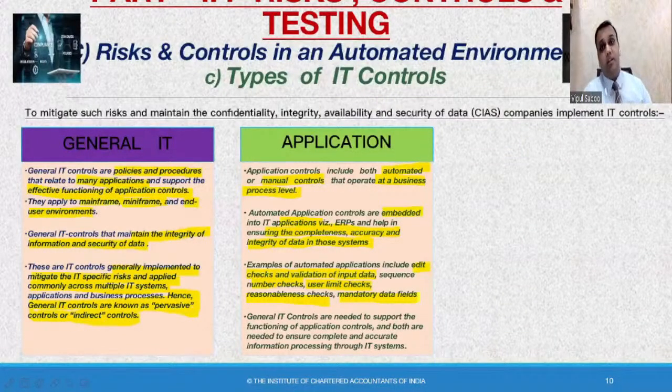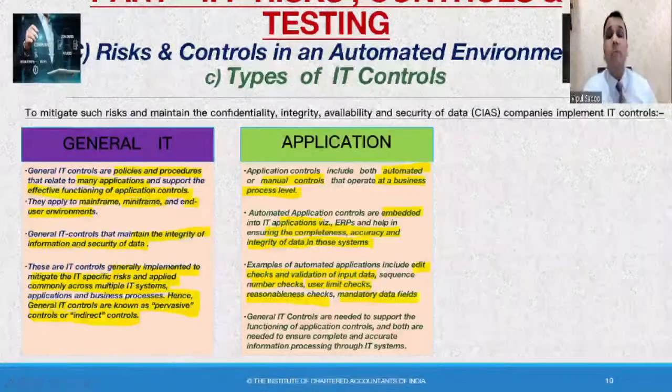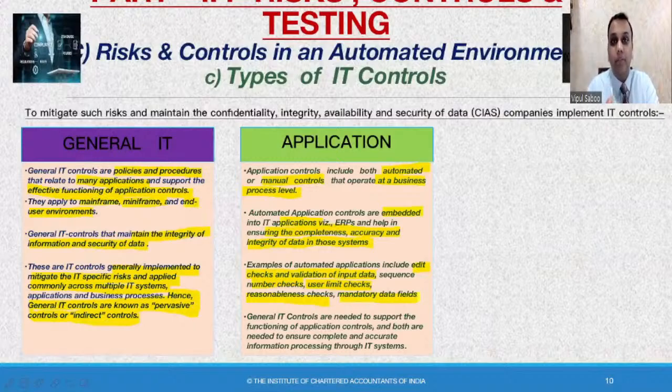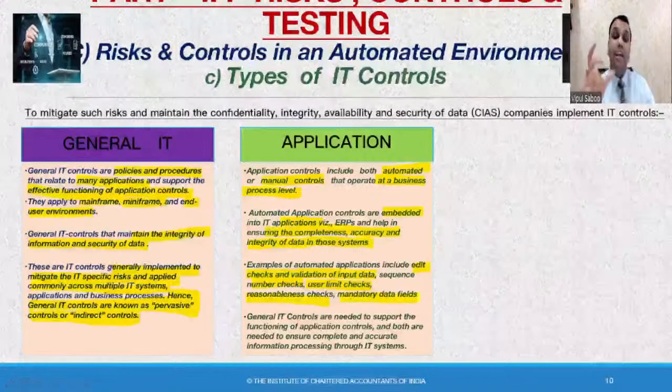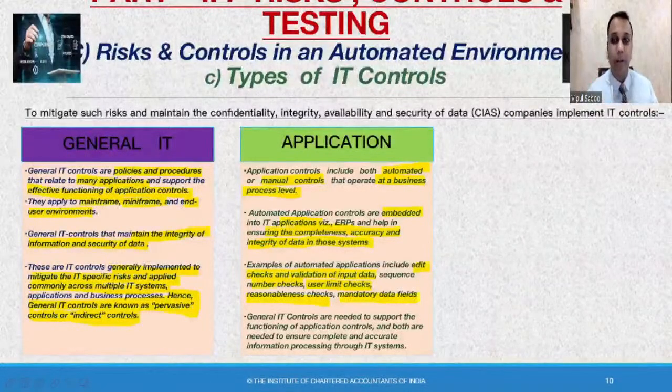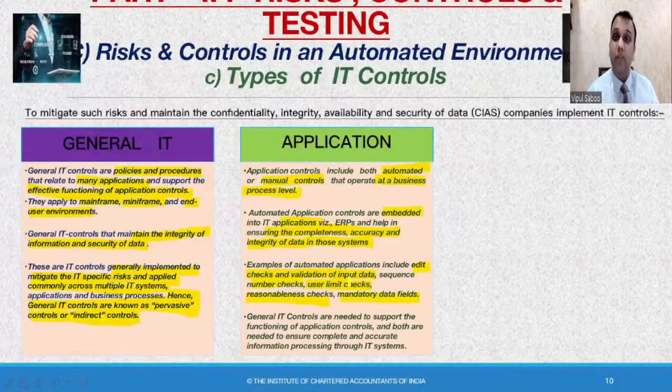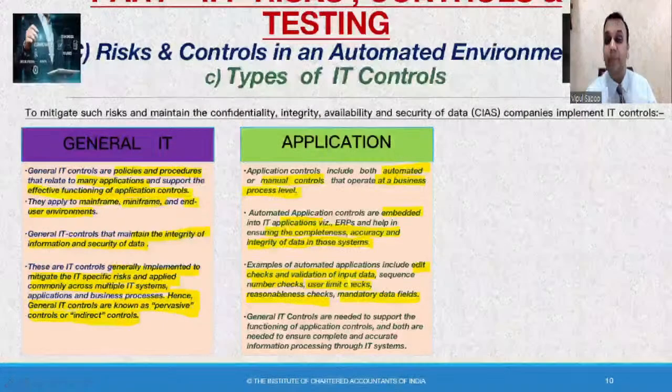Reasonableness check: they have asked you to put a percentage in that particular column, and you are not putting a percentage. You can only add, like on Twitter, there is a word limit. That is user limit checks. Sequence number checks: you are working in Excel and you have applied the formula of sequence, so it adds the sequence accordingly.